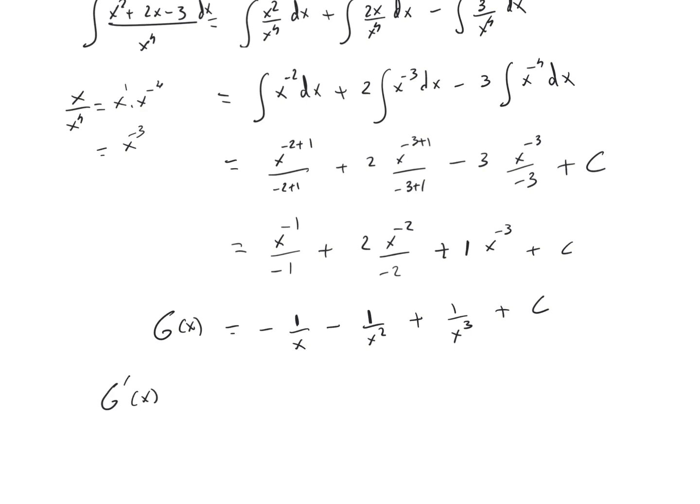G prime of x is the derivative of 1 divided by x, which is minus 1 divided by x squared, so it will be plus 1 divided by x squared.